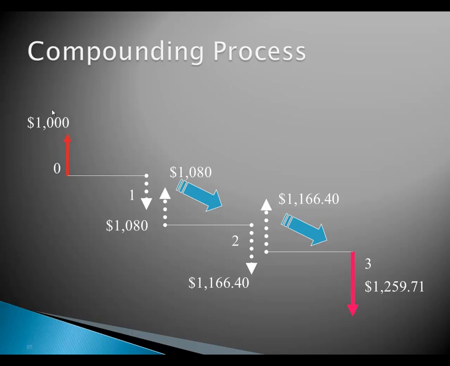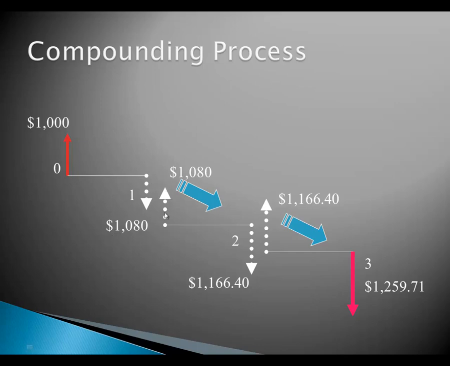If we took the first year, what we did here is use the cash flow diagram to show what's happening every year. As you can see, at the beginning of the year, time 0, we borrowed 1,000. At the end of that year, we need to return 1080.